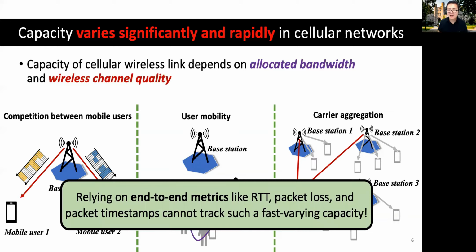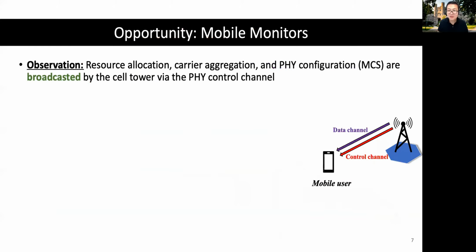So estimating the capacity of the cellular link is very challenging, and relying on end-to-end metrics like RTT, packet loss, and packet timestamps cannot track such a fast varying capacity. We observe that this job is challenging, but it's possible.